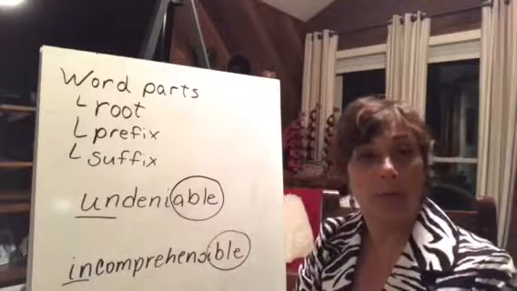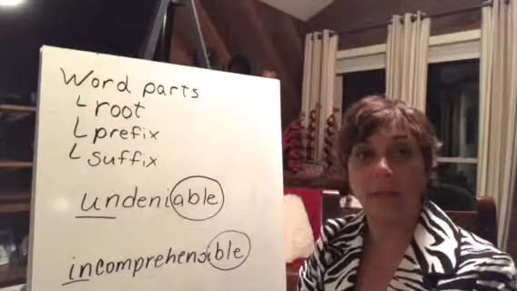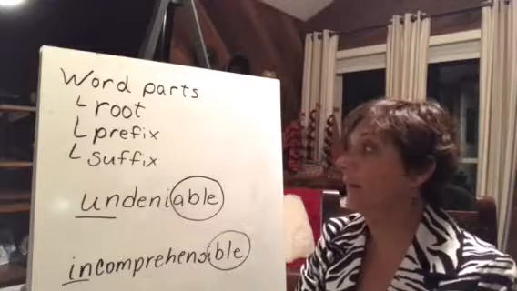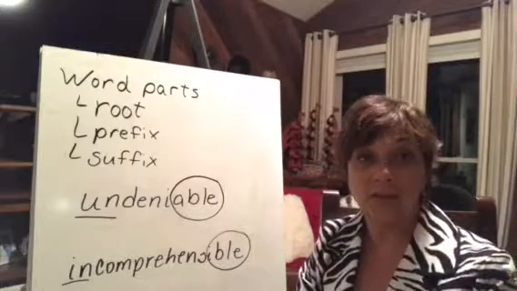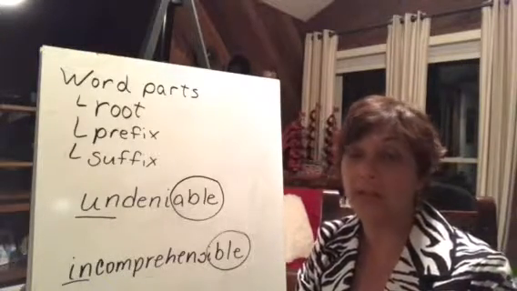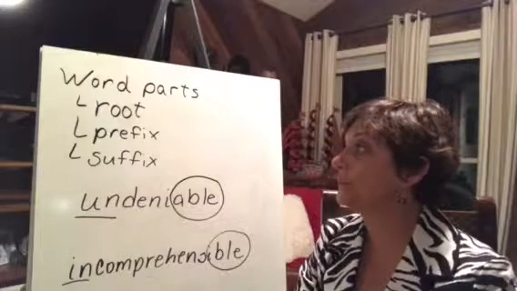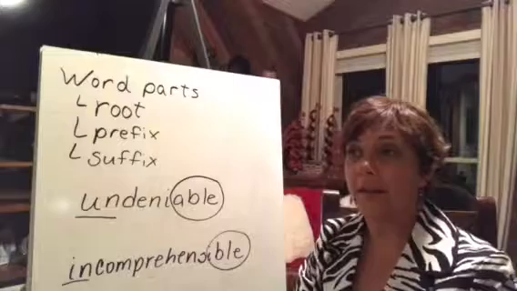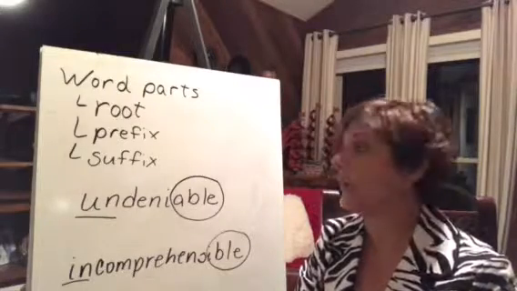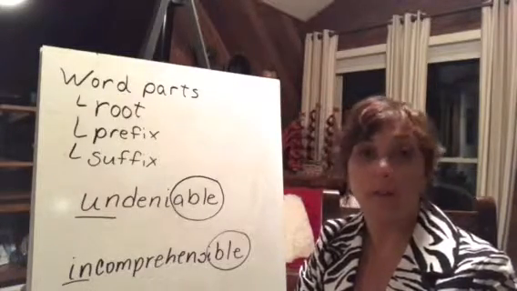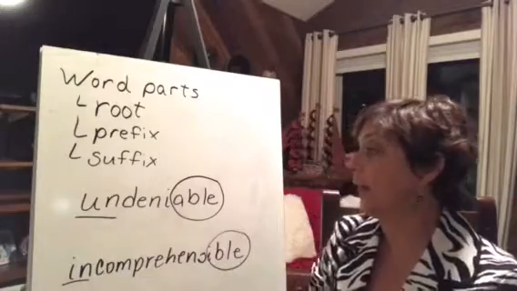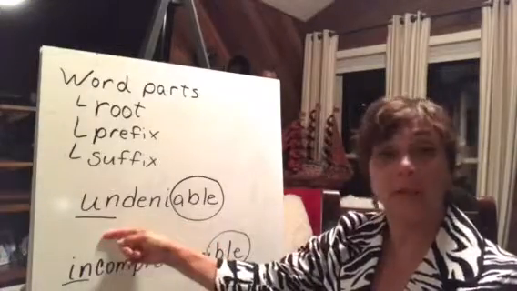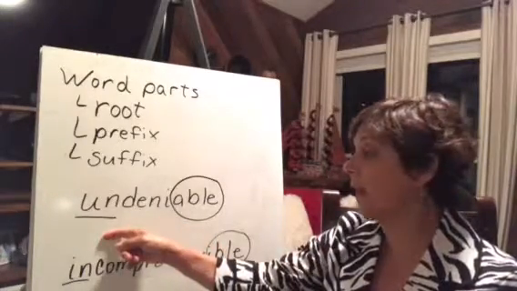So the root word will have a meaning in itself, like a base word, and the prefix will change it to mean something. It'll change the form of the word, and the suffix will change the part of speech. For example, undeniable. Un is the prefix. It means not.